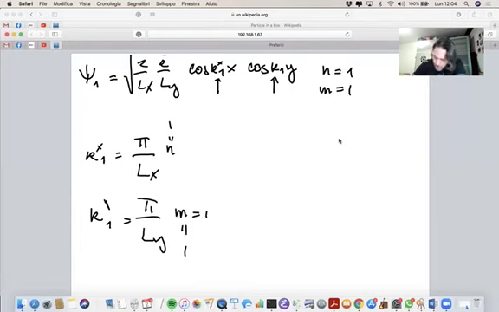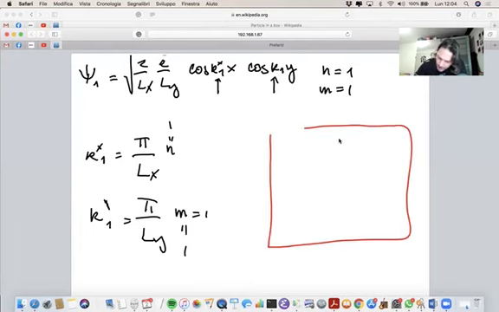So if I were to draw this on a box, I will get a density that is cosine along x and cosine along y, which basically amounts to having a density which is a cloud in the middle, maybe a little bit denser here, and less dense at the bottom.